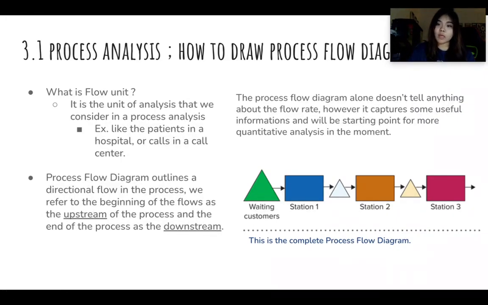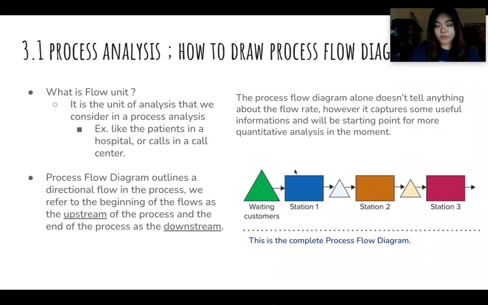We refer to the beginning of the flow as the upstream of the process, and the end of the process we refer to as the downstream. The process flow diagram itself will not tell us anything about the flow rate, but it will capture some useful information and it will be the starting point for more quantitative analysis.